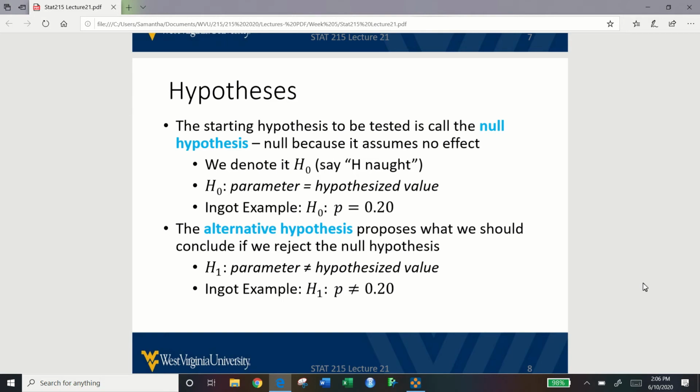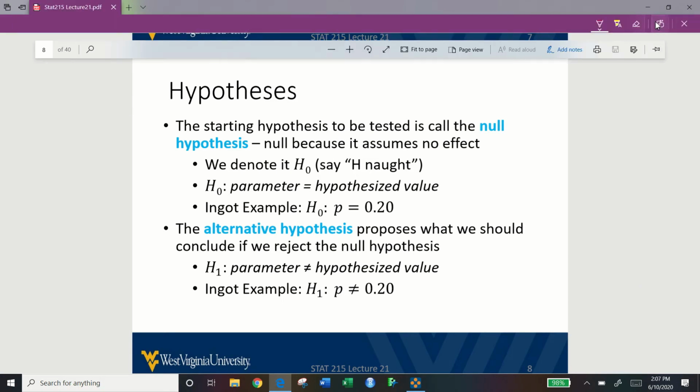Now, what is going to be an option is it will be either not equal to, less than, or greater than our hypothesized value. In our ingot example, our alternative hypothesis would be H1 colon P does not equal 0.20.